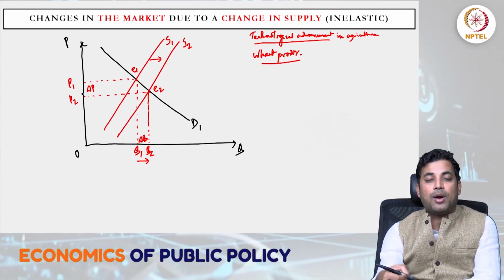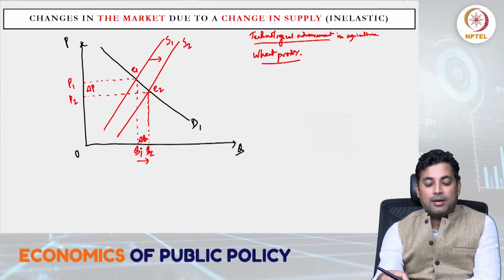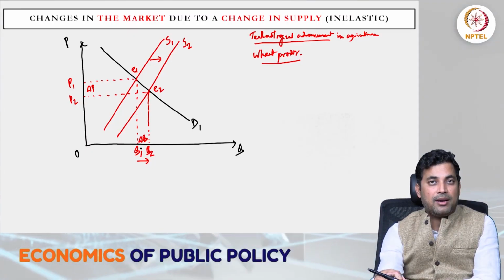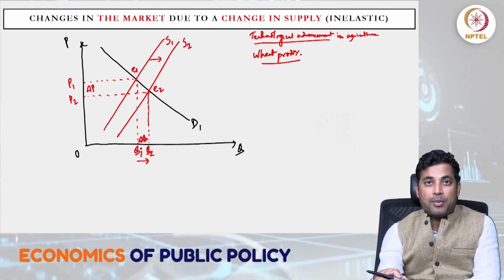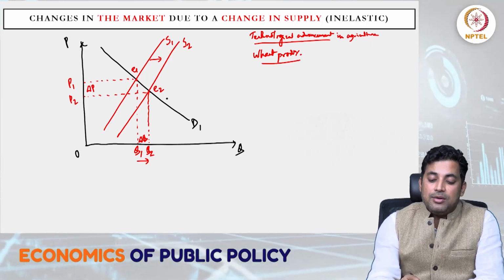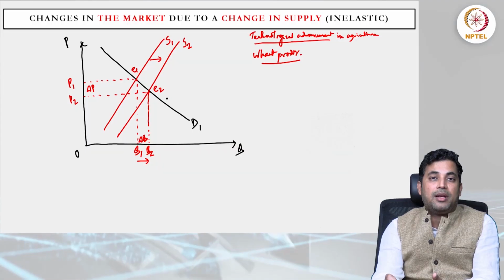So the rate of change in the quantity demanded is less as compared to the rate of change in the price, because it is less than 1.